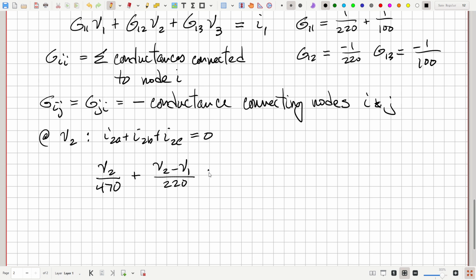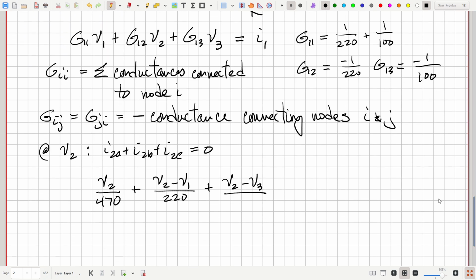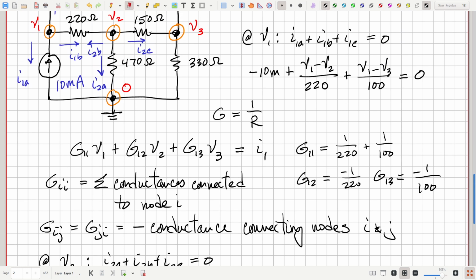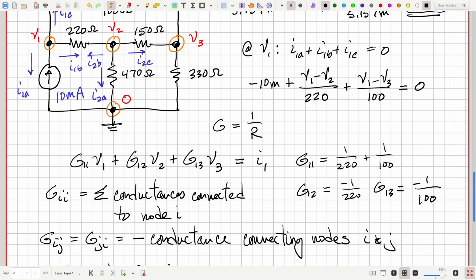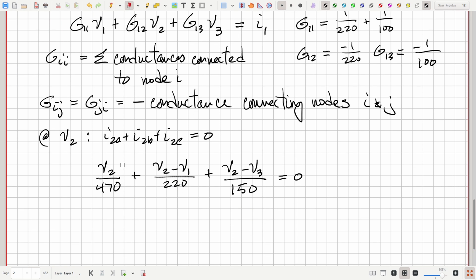So voltage drop, V2 minus V3 over that resistance, which is 150. And those sum to 0. Now notice when we're writing these, since we're taking the currents to always flow out, that's going to be our convention. When we do voltage drops, it's always going to be the voltage at the node in question minus one of the other voltages. So in this case, the V2s all are positive, and the other voltages are all negative. So that's just the reality check there.